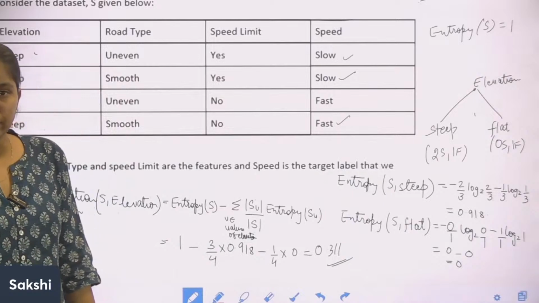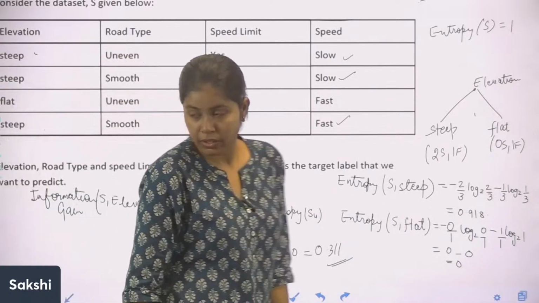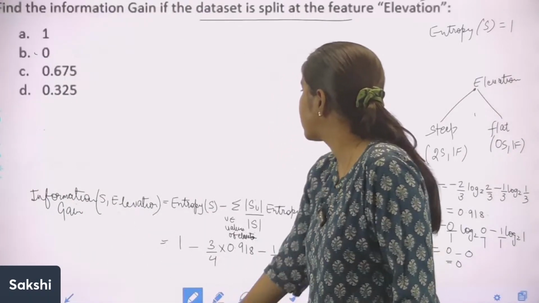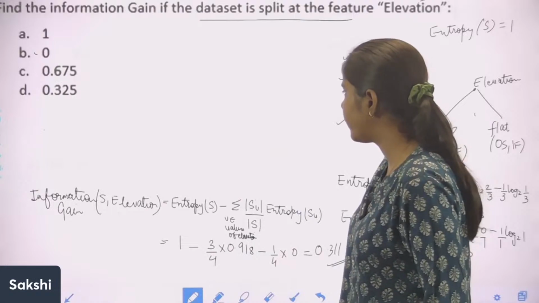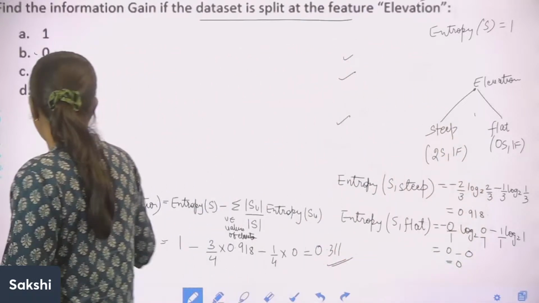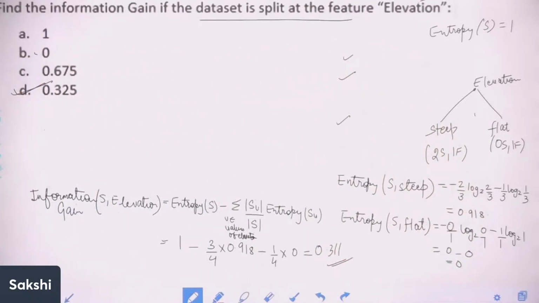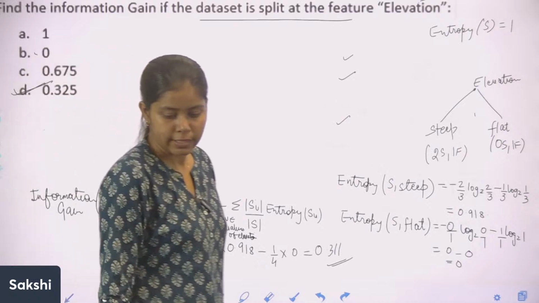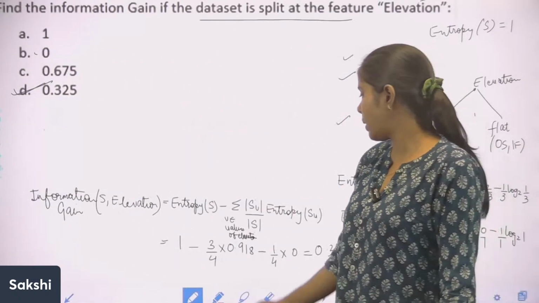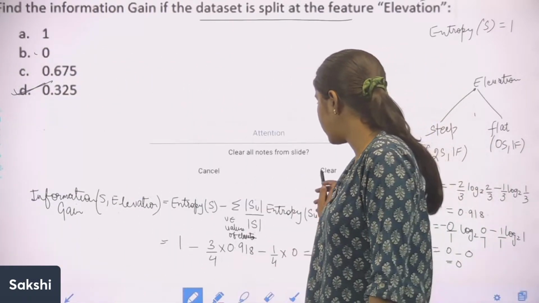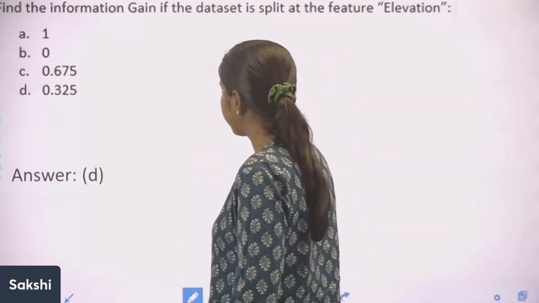Should we move to the next question? So I think 0.311, 0.325, if we take one more digit, I'll get option D as correct. So 0.325 is correct here. There is some calculation you can check by yourself. So 0.325 is the answer.